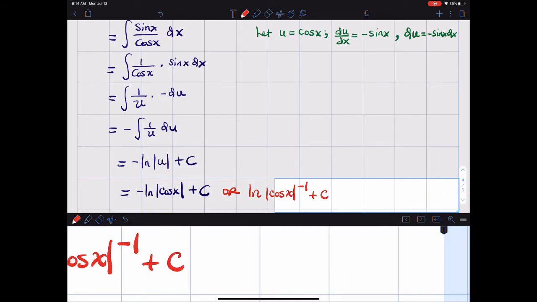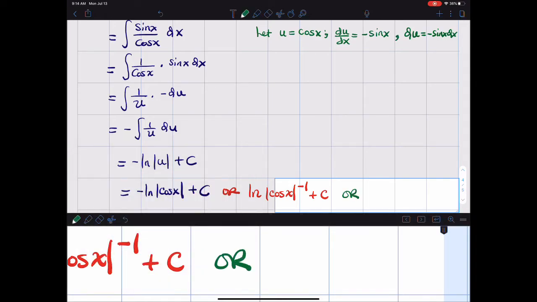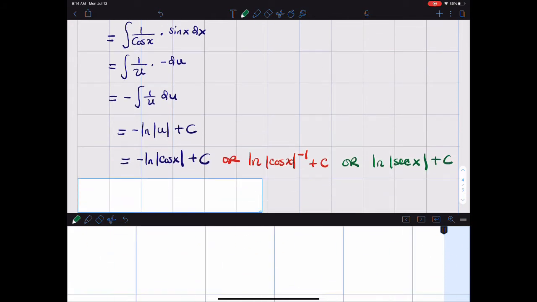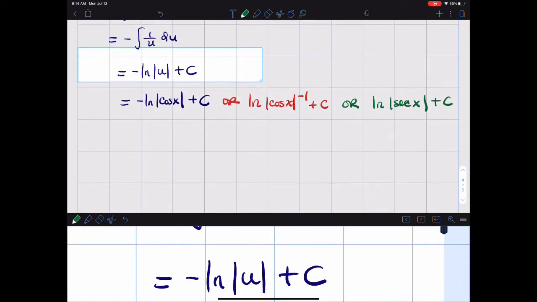And cosine of x to the power of negative 1 is the same thing as 1 over absolute value of cosine of x, which we can definitely write as natural log of the secant of x, because 1 over cosine of x is the secant of x. All right, so that's the integral of tangent of x, integral tan x dx.